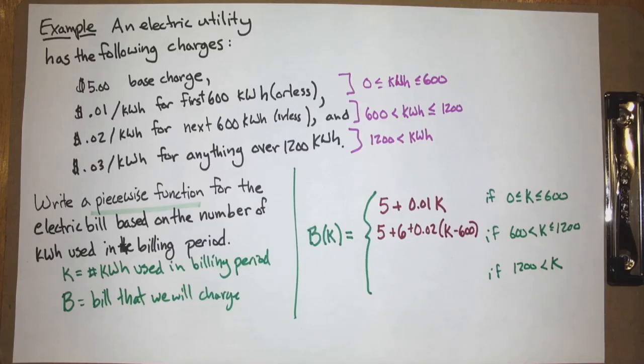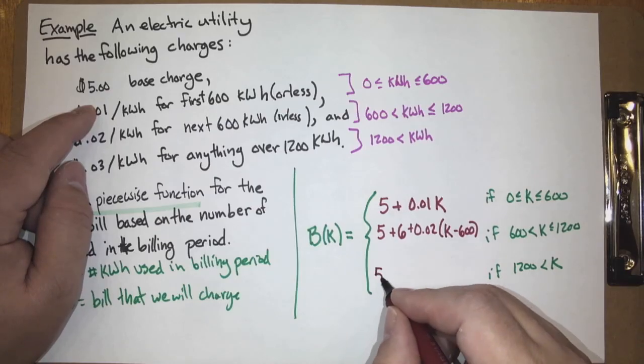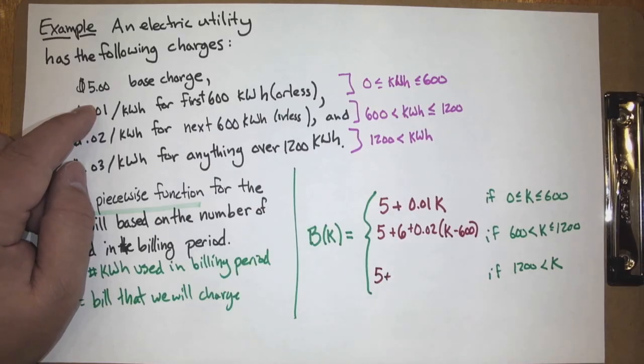Okay, so now the third part. I did a very terrible job of aligning there, but we'll do better on this final one. Now we've used a lot of electricity. What goes into our bill? We have the base charge, so that's 5. What else do we have?